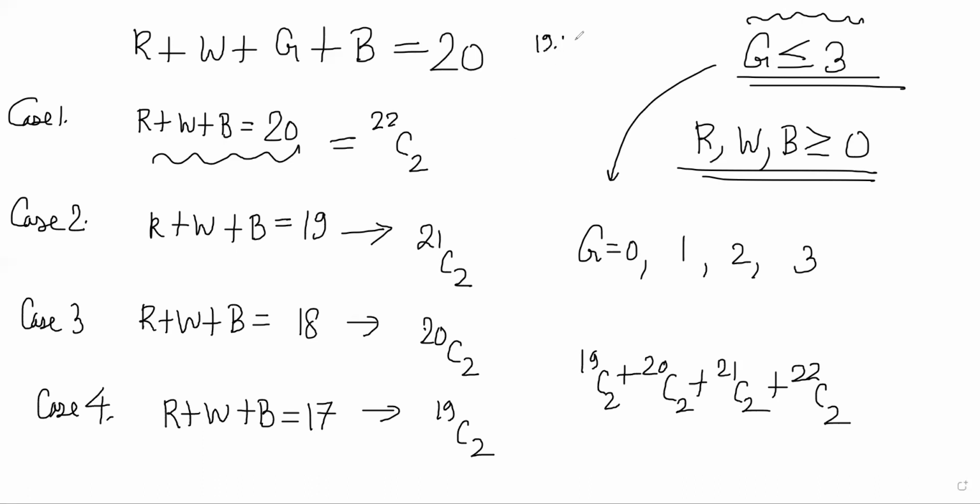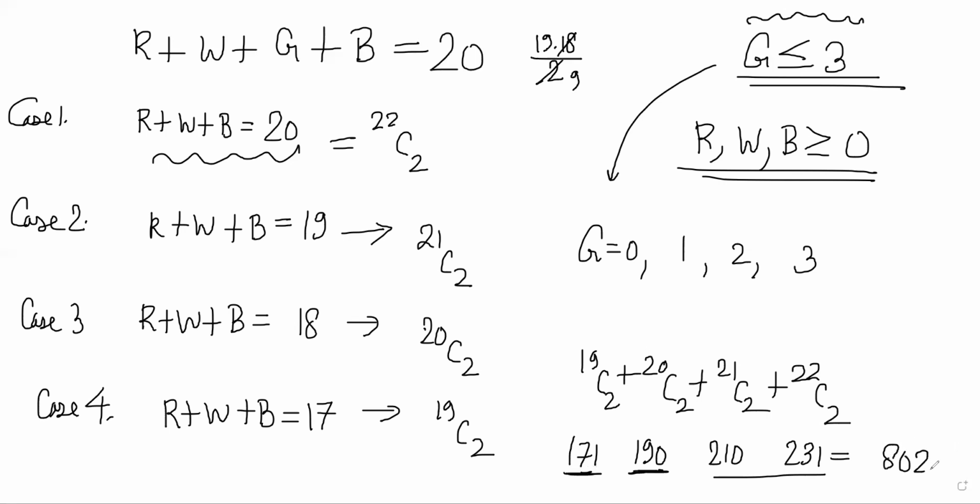So 19 into 18 by 2, so 9 nines are 171 here. 20 into 19 by 2, so 190 here. 21 into 20 by 2, so 210 here. 22 into 21 by 2, so 21 into 11, that is 231. So adding all this, we are getting 441 plus 631 plus 171, 802. So that is the answer. That is correct.